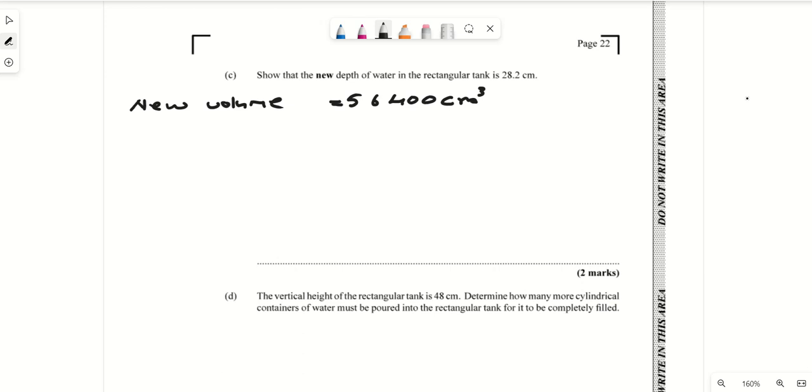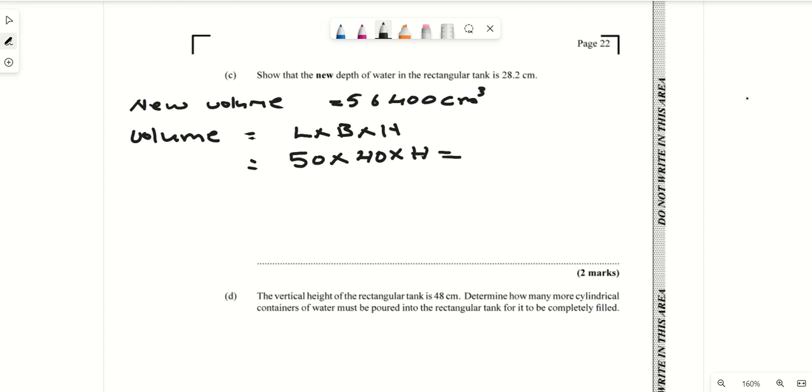We know the length and the width would not change. So volume of the cuboid is equal to length times breadth times height. They're asking you to find the height. Depth and height is the same thing. The length is 50, the breadth or width is 40, and we don't know the height.